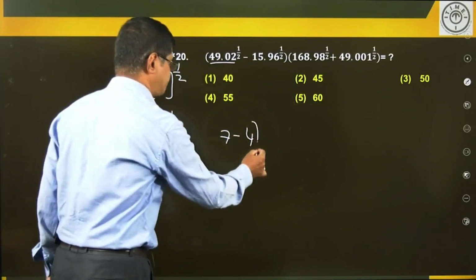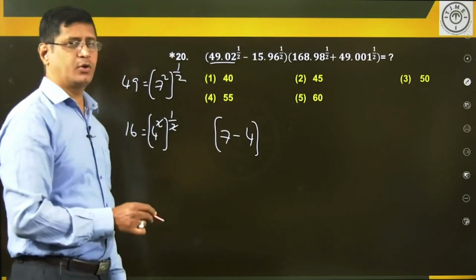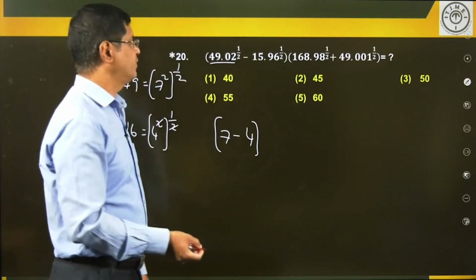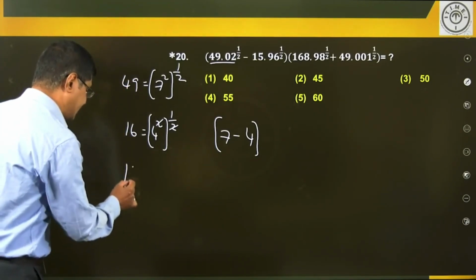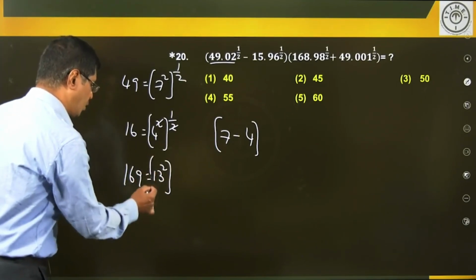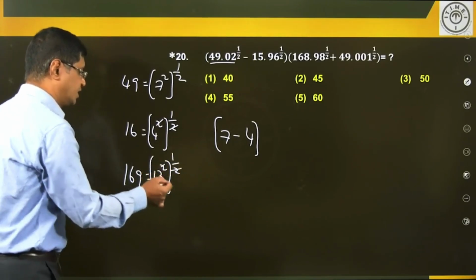Okay, this is the first part. What about the second part? 168.98 is close to 169. 169 is 13 square. So 13 square whole power 1 by 2, that is 13.